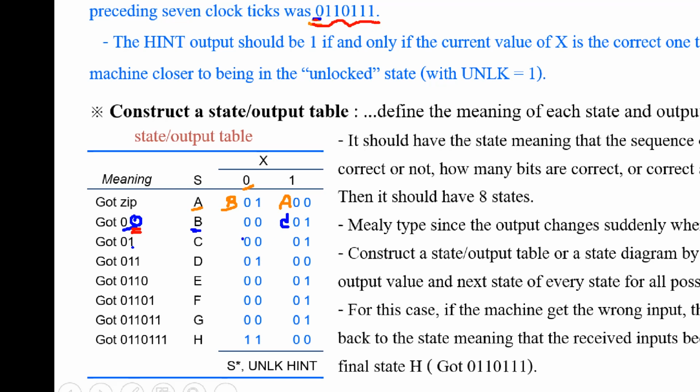So you can define the next state of state B as B, because this 0 could be the start of the correct password.